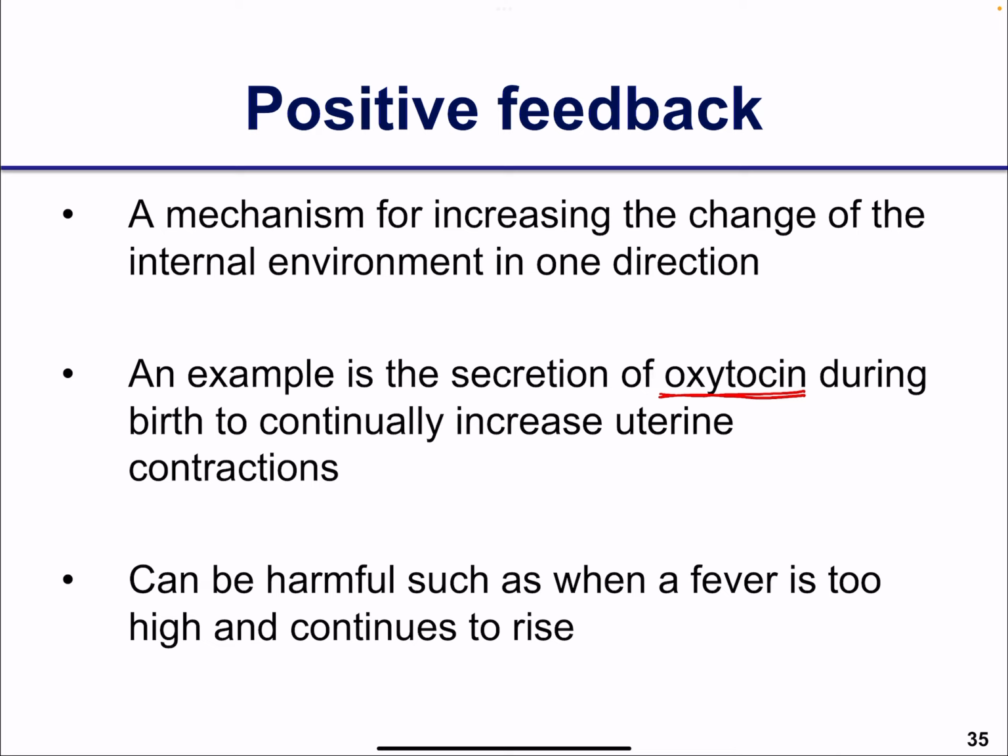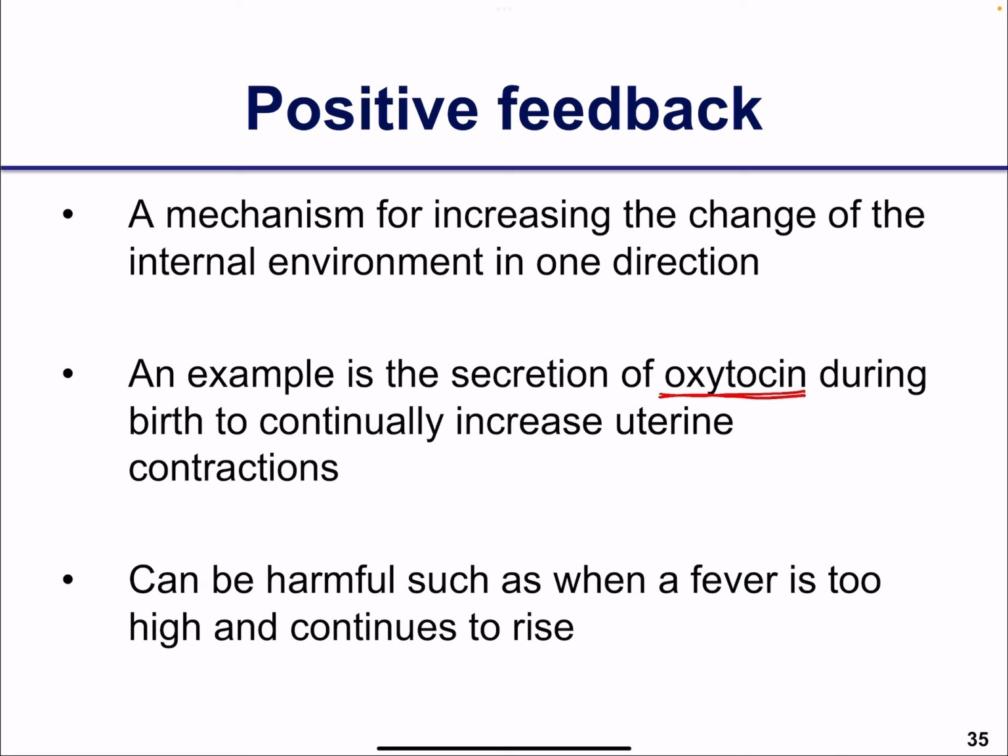So again, release of oxytocin is going to cause contraction of the uterus. Contraction of the uterus is going to cause more pressure of the head of the baby on the cervix, and more pressure is going to cause more release of the oxytocin, and this is how the baby is going to come out.